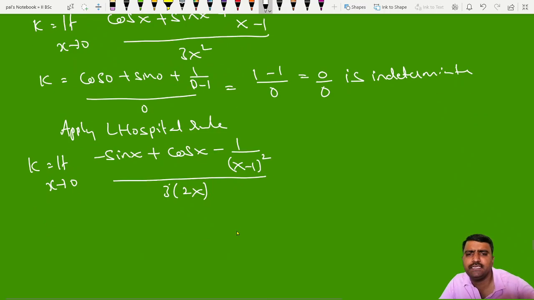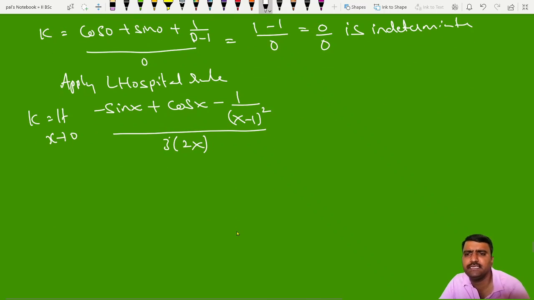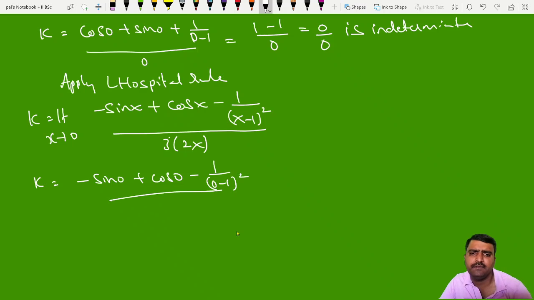So again you apply the limit. K is equal to minus sin 0 plus cos 0 minus 1 by (0 minus 1) whole square, divided by 0. Sin 0 is 0, cos 0 is 1, 1 minus 1 is 0, so 0 by 0 again is indeterminate.